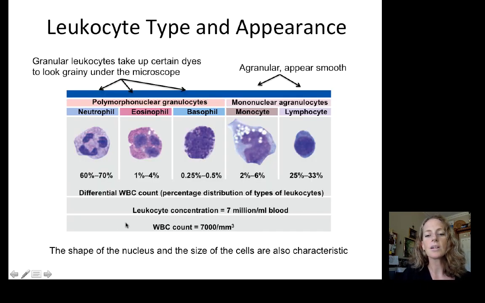They can be distinguished histologically by appearance of both whether they are grainy looking, this would be the granulocytes when they're stained, versus non-grainy appearance, and also the particular morphology of their nuclei.